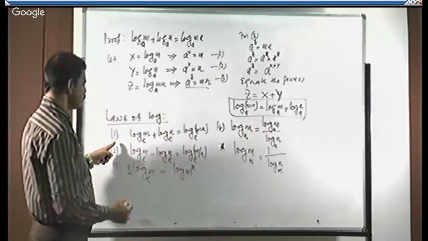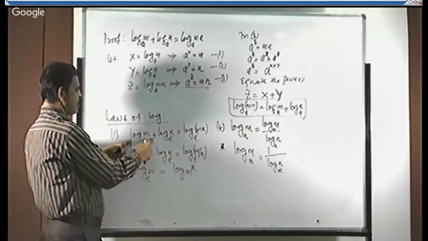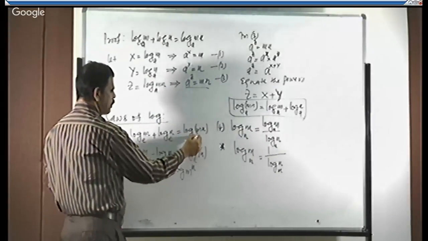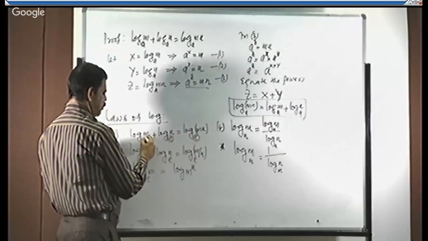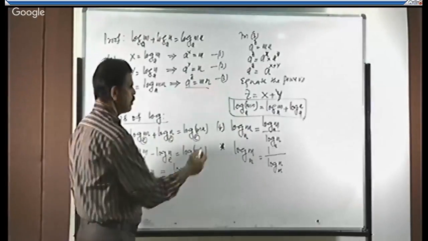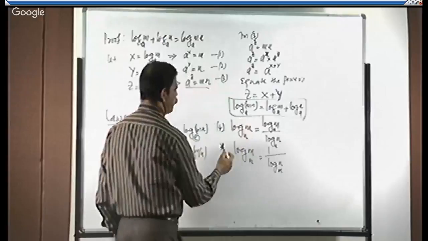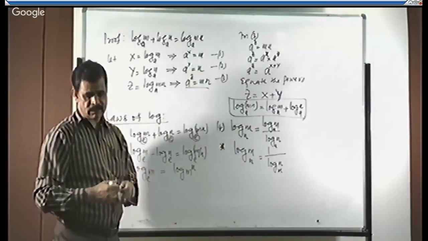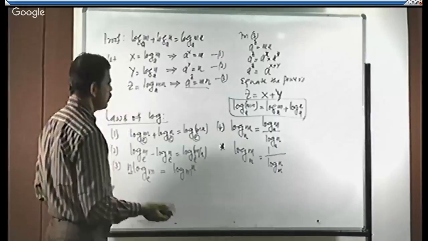What does the first law state? Log m plus log n is equal to log mn. The base can be anything: a, b, c, e, 10, anything. So this will be the proof. Like that, we can have a proof of the other laws. So proofs are not required here.